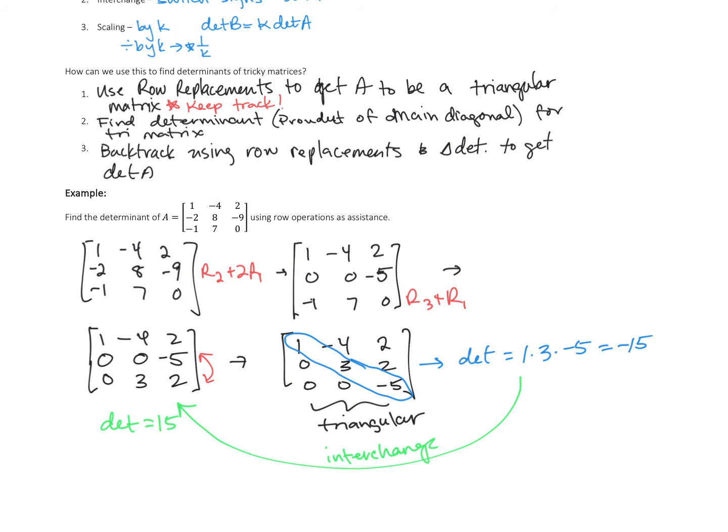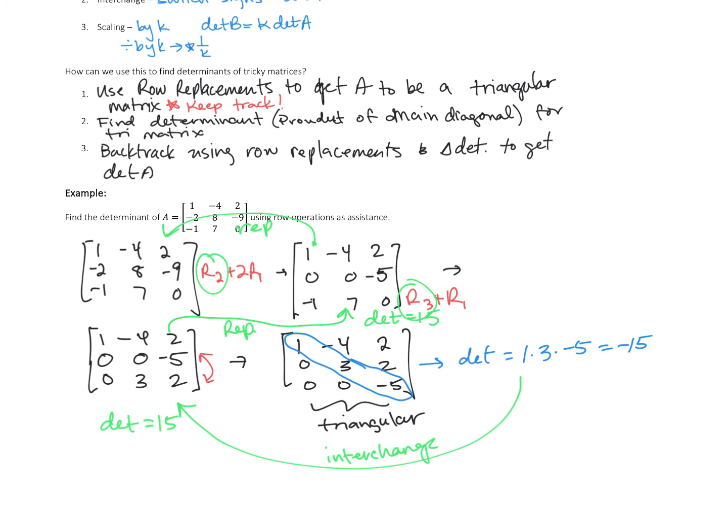Back the next step, so from here to here, I did a replacement, so no change. So our determinant here was 15. From here to here, again, I did another replacement. And you'll notice each time I did that replacement, the row I was replacing had no multiplier on it. Because if you added a multiplier, you'd be doing both a scaling operation and a row replacement at the same time.